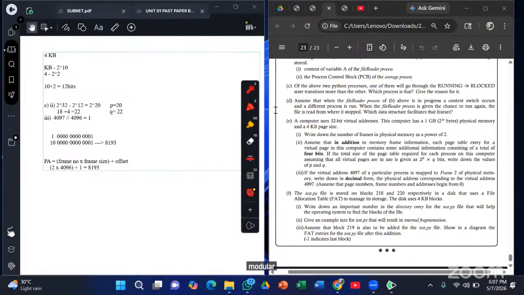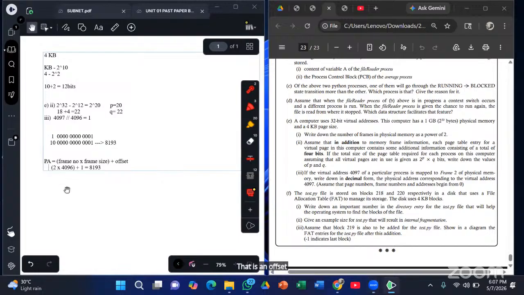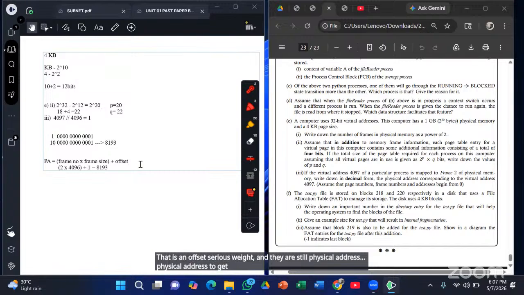Then you will get the remainder as 1. So that is the offset. And they are asking for the physical address. To get it, you have to get the frame number, frame size, and the offset.